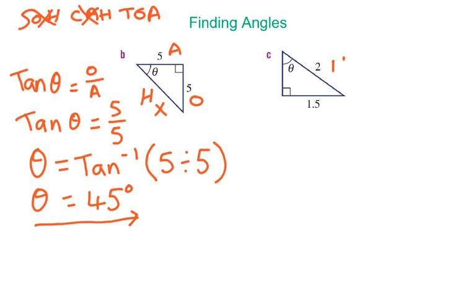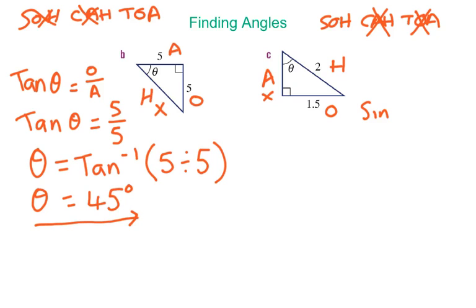Label it H, O, A. SOH CAH TOA. I now have nothing on my A. I can't use anything that has an A in it. So cos and tan are out, and I'm left with sine.